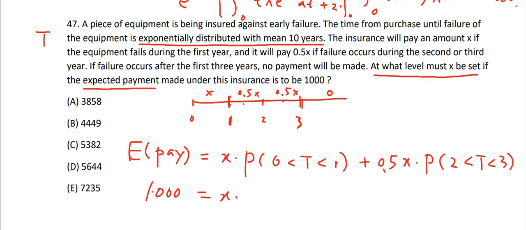So this probability is equal to 1 minus e to the negative lambda, where lambda is 1 over 10, so 1 over 10 times 1 is 1 over 10.